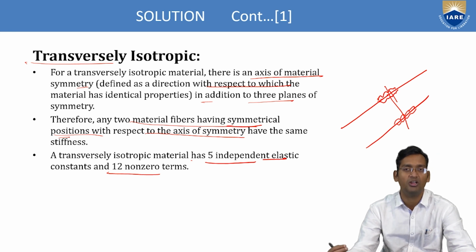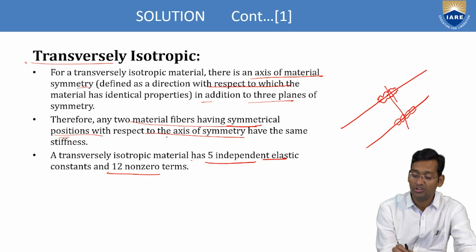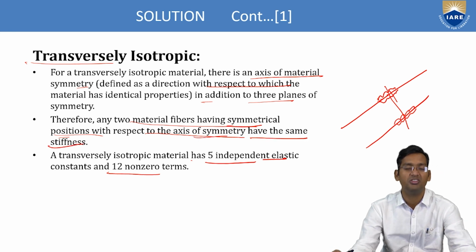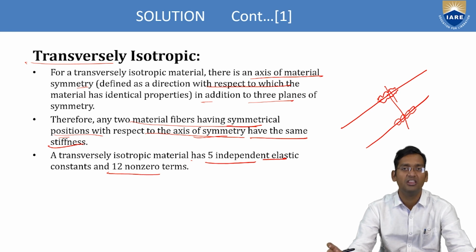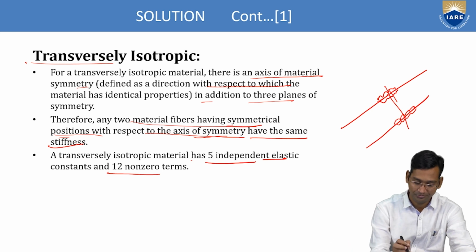If you consider 2 different fibers, then they will have symmetrical position, and then we can say it is transversely isotropic. Fiber positions with respect to the axis of symmetry have the same stiffness. Means if they have the same stiffness, they will have the symmetrical position. That means material fibers at the symmetrical position will have the same stiffness.